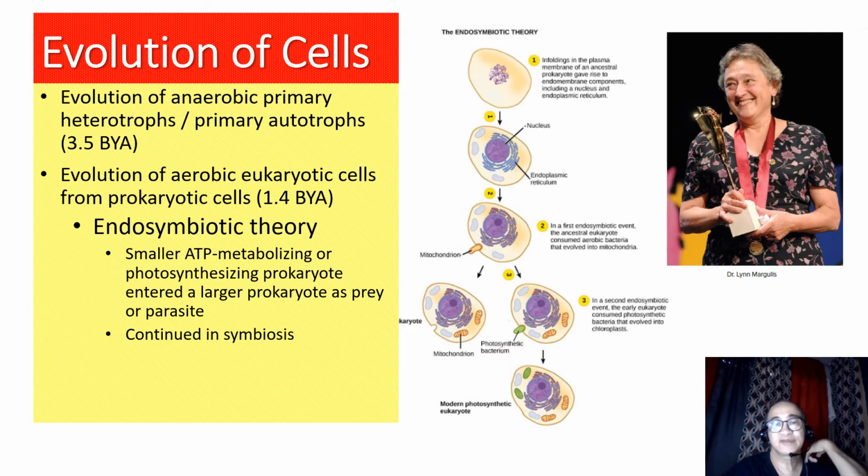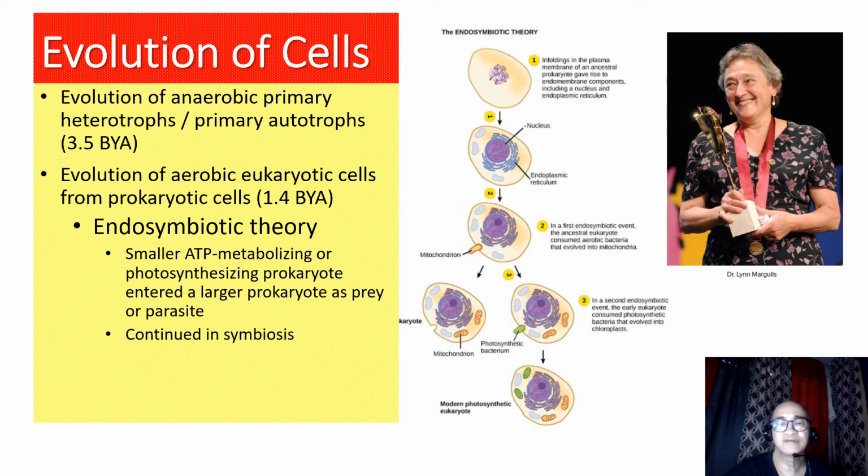The prokaryotes, into which the smaller mitochondrial or plastid ancestors entered, were large prokaryotes with infoldings of their membranes forming the endomembrane system, which eventually developed a membrane covering around its genetic material, forming the nucleus.